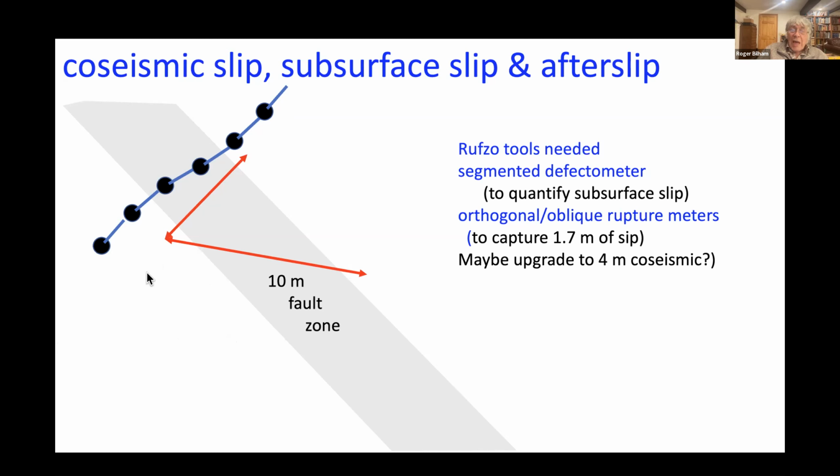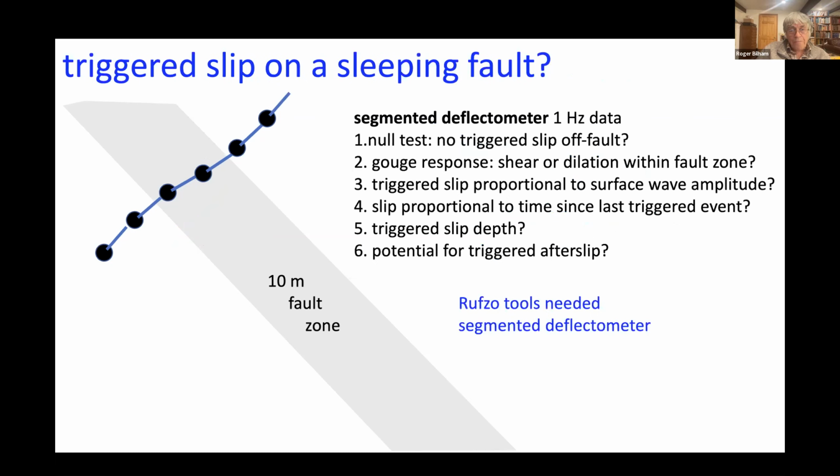Essentially, we need to capture coseismic slip, and we need to capture this mysterious subsurface slip before it arrives at the surface, and we need to measure afterslip. So we need a rupture meter of the sort that I just showed you, and perhaps we'd like one of these deflectometer instruments that can measure the approach of the slip towards the surface, because that's telling us a lot about the fault zone rheology in the early part of the afterslip.